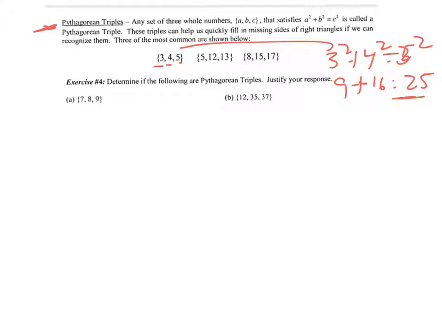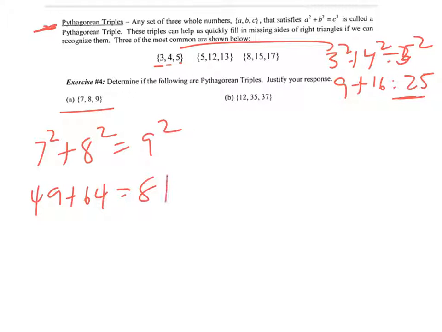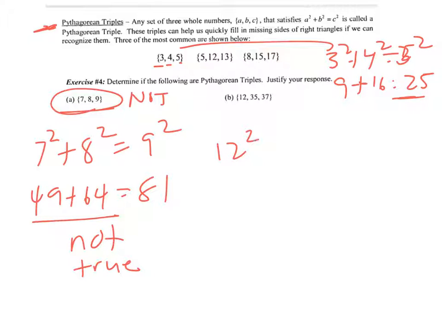So I'm going to test that with these two examples I have here. Let's go 7 squared plus 8 squared equaling 9 squared. Let's see if this is true or not. We have 49 plus 64 equals 81. Obviously this is not true. So this is not a Pythagorean triple. Now let's try the next one. 12 squared plus 35 squared equals 37 squared. Obviously this problem we're going to need a calculator for.